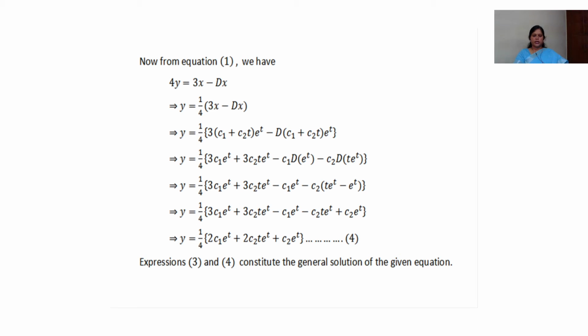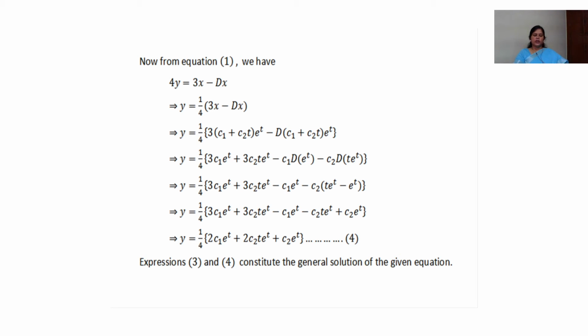So now we are simplifying this. We'll get y is equal to 1 by 4 [3 into c1 e to the power t plus 3 into c2 t e to the power t minus c1 e to the power t minus c2 t into e to the power t plus c2 e to the power t]. So for y we are getting this value. So we can combine all the common values.